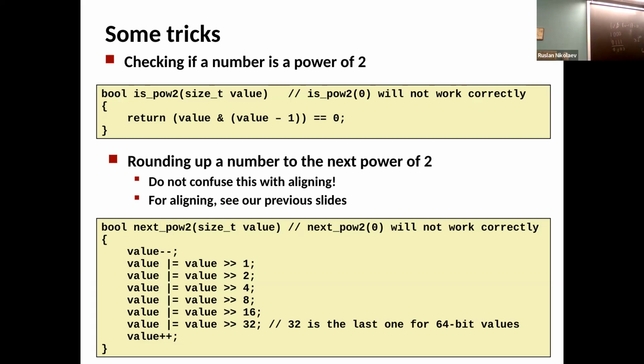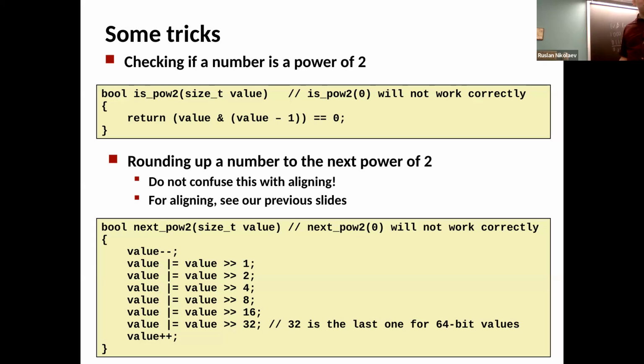So how do we determine the next power of 2? Well, that's a little bit tricky, and I will not go into too much detail about this because I'll just give you a reference if you're curious. But the idea is that we will subtract value, and then we'll do these bitwise OR operations. So we'll shift by 1, then shift by 2, then we shift by 4, and so on.